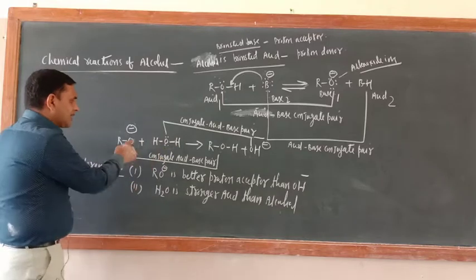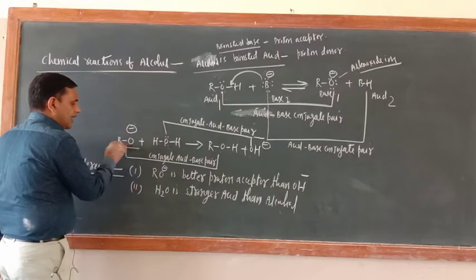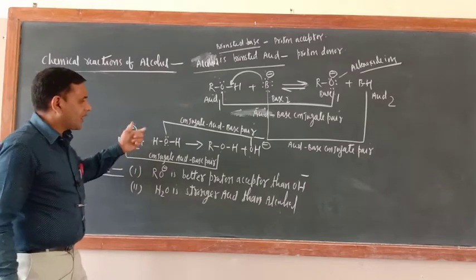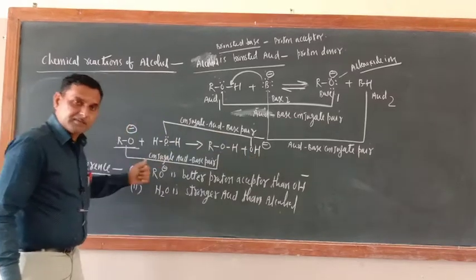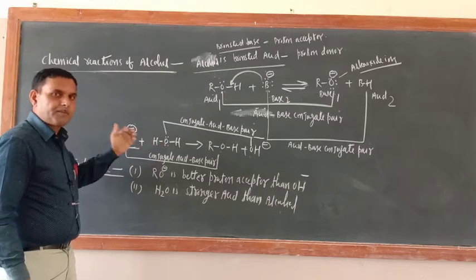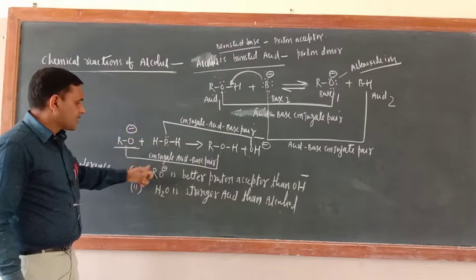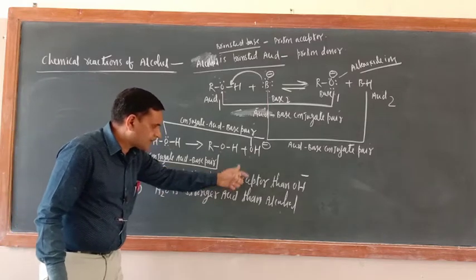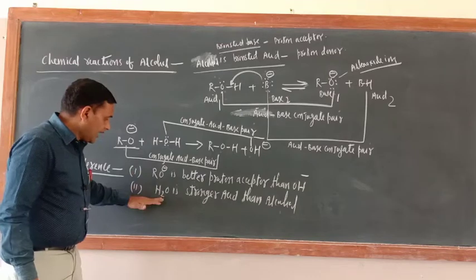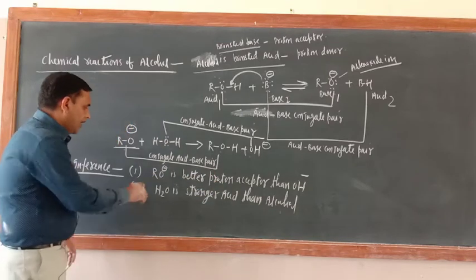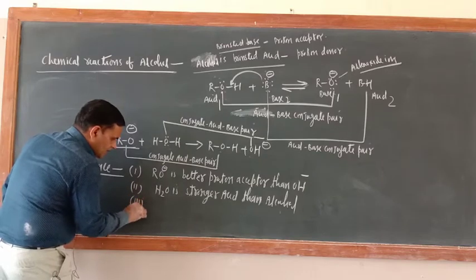That is why it is giving proton to the alkoxide ion, and alkoxide ion is a better proton acceptor than OH. That is why here alkoxide ion has abstracted one proton from water. Now we can write the third inference also.